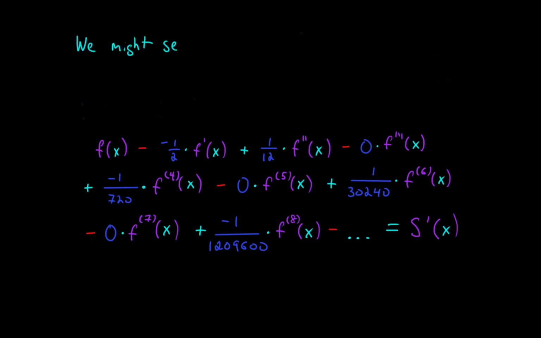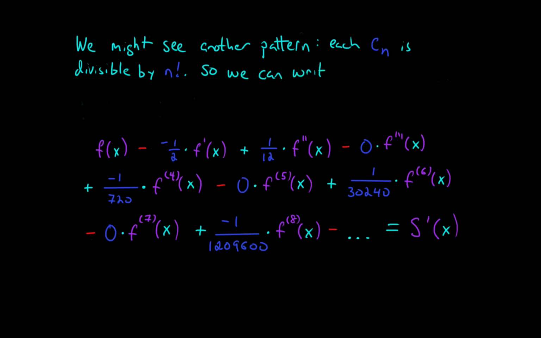We might see another pattern here, which is that each of the c sub n is divisible, actually, by n factorial. So I can factor out a factorial from each of these terms. So to begin with, for my coefficient multiplying f0 of x, or f of x, I have 1 over 0 factorial times 1 times f of x.